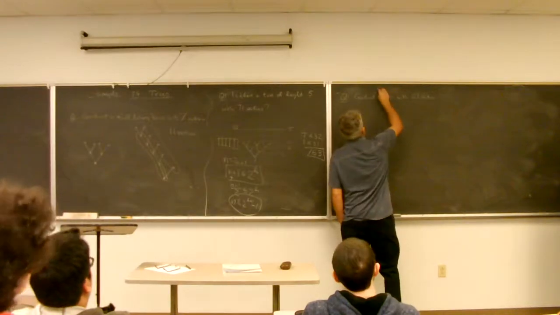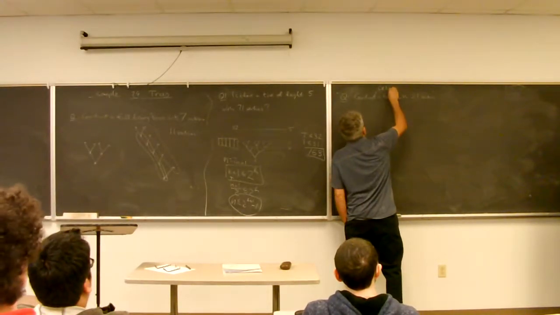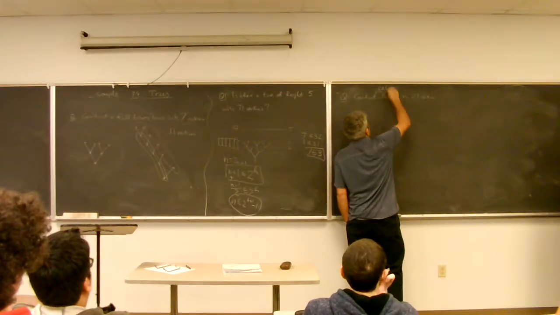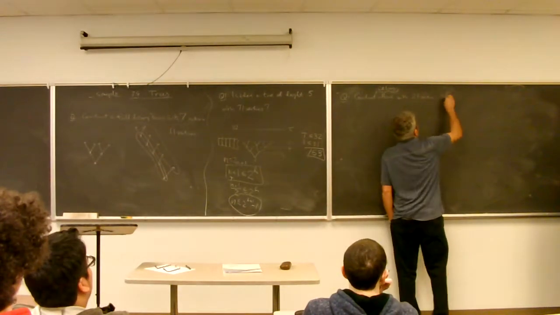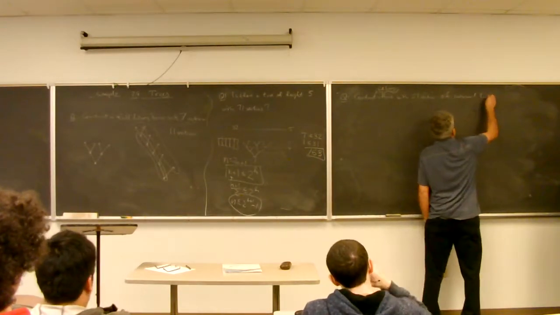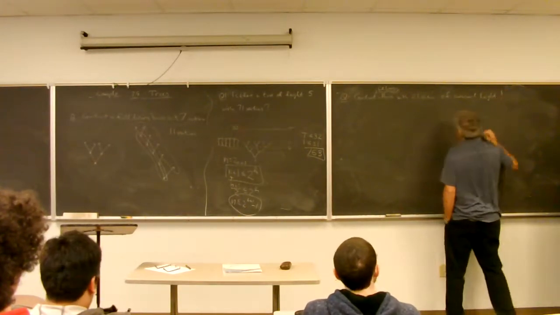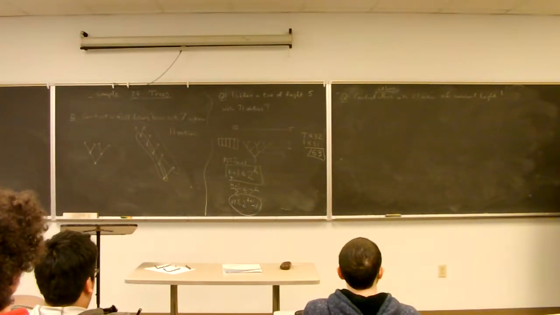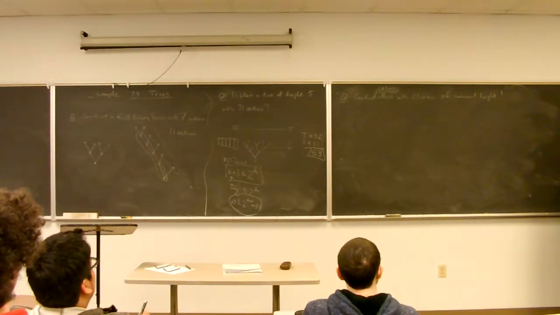Construct a full binary tree with 21 vertices of minimal height. How would you do that?